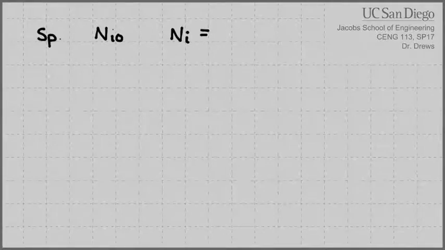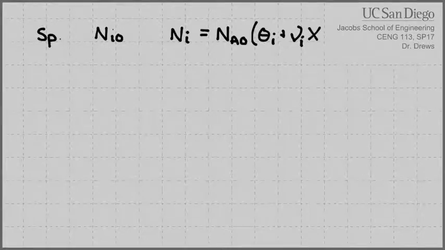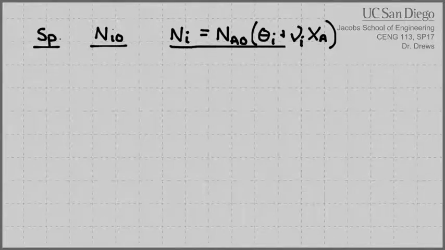The final always follows a very nice form. It always looks like N sub A0 times theta sub I plus nu sub I times X sub A. If you wrote down those important equations I put up at the beginning, that is one of the new equations that is very useful to keep in mind.